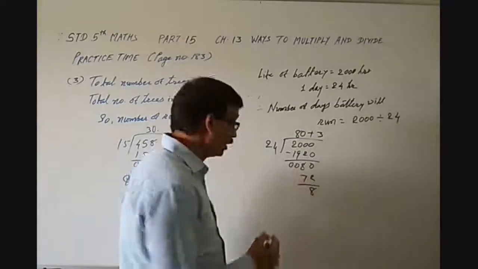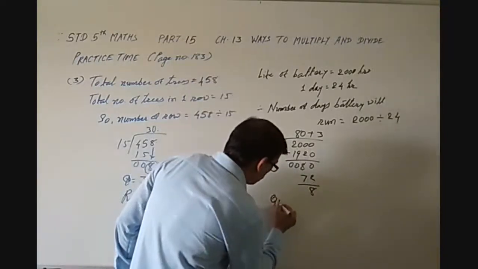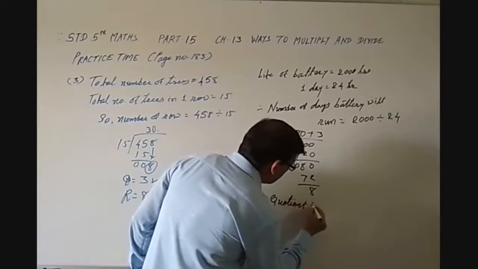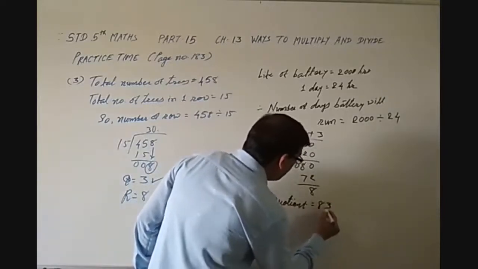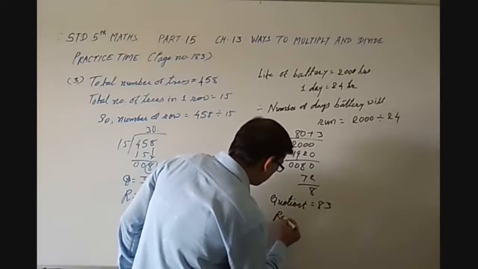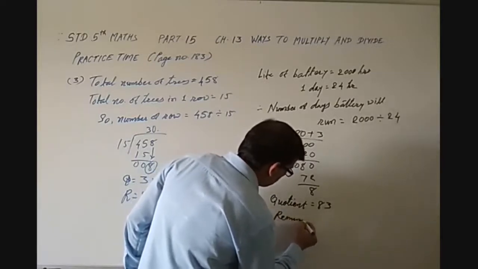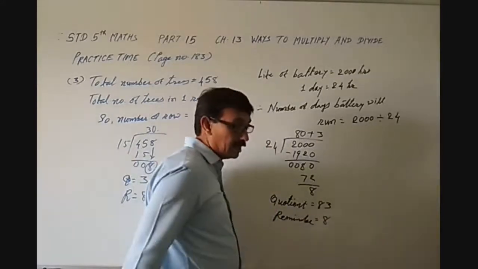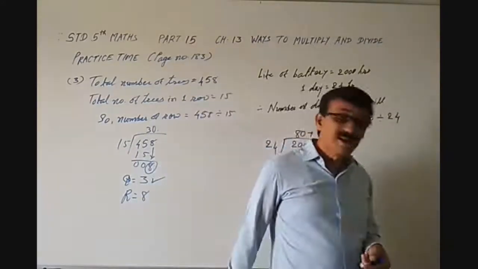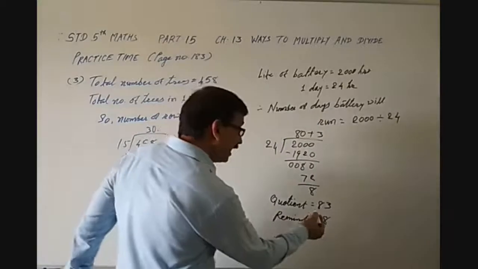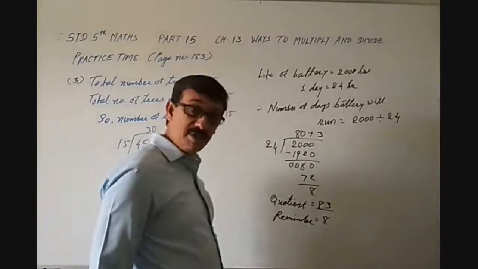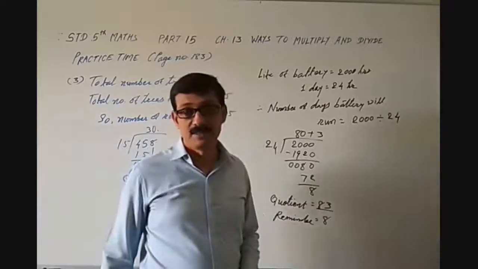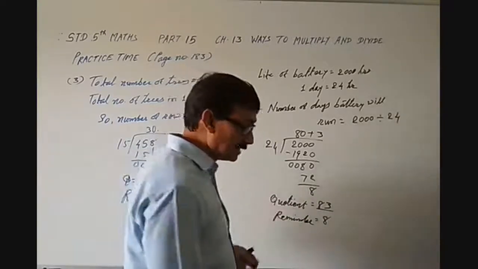So here the quotient is equal to 83 and the remainder is equal to 8. That means what? The battery will run 83 days and 8 hours. Okay, so this is the answer.